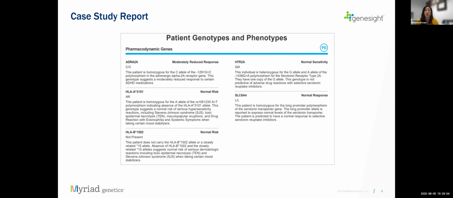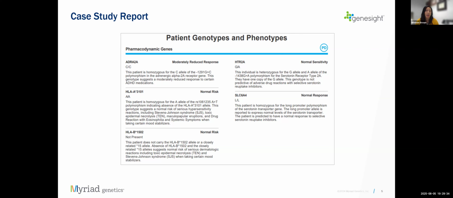So with knowing this, we had to assess the rest of the report. And we saw that the patient's genotype and phenotypes were highlighted here. She had a normal sensitivity to HTR2A, and that essentially means that there was no concern there, as well as SLC6A4, also no concern there. And the SLC6A4 is going to be more specific to certain SSRIs. She was on Zoloft, so this was pertinent to it, but there was a normal response here.